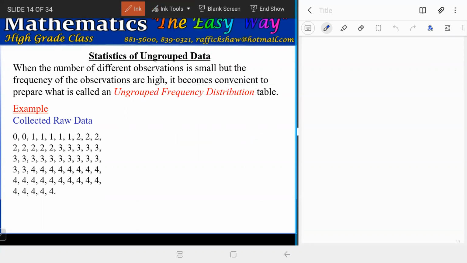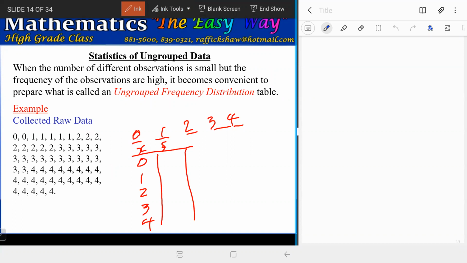So it's better to represent this raw data in a table. Because the number of different values, 0, 1, 2, 3, 4, is small, you can represent each of them in the table. So you make the table, put the values 0, 1, 2, 3, 4 in one column, and put the frequencies of the values in the second column.